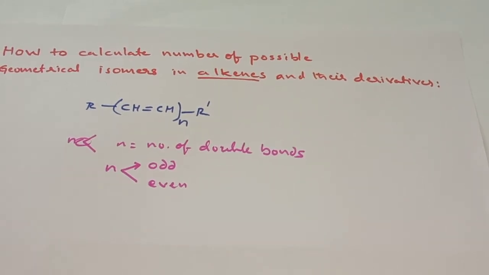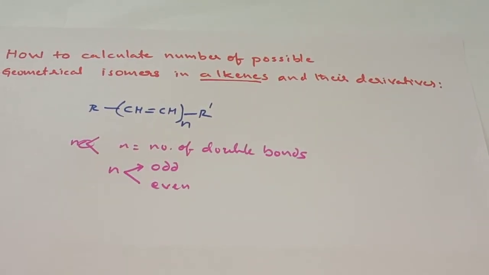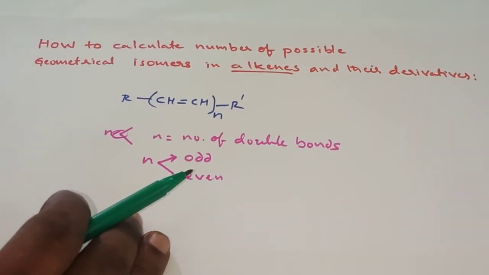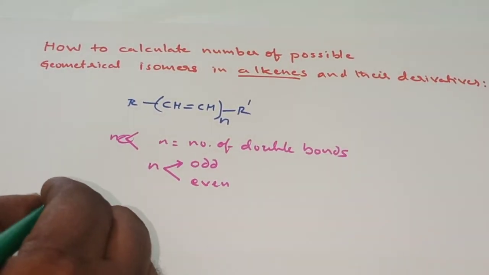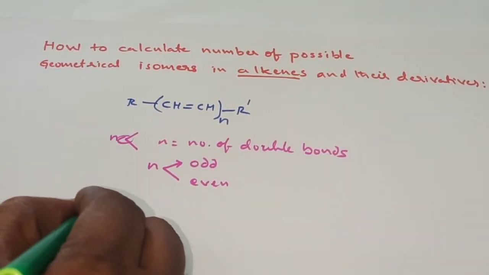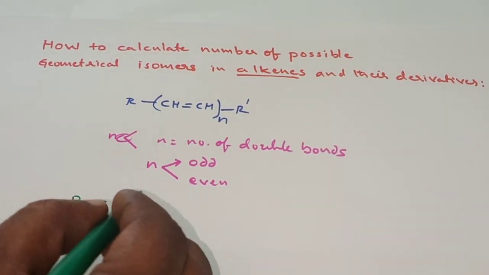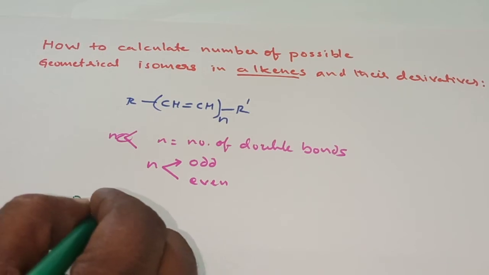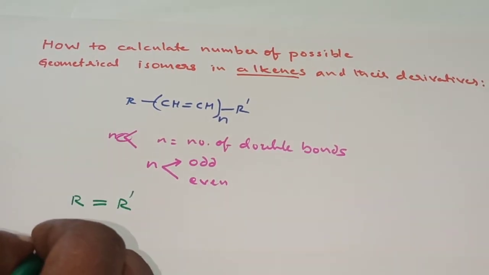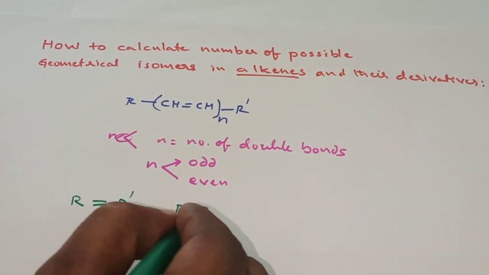This is the first thing. And what does n represent here? n represents the number of double bonds. And here R and R prime are different alkyl groups. They may be the same or may not be the same.